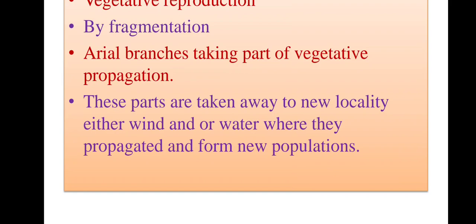These parts are taken to a new locality, either by wind or water, where they propagate and form new populations. For example, fragmentation or vegetative branches, the aerial branches are moved to new localities through wind or water, where they propagate and form new populations.